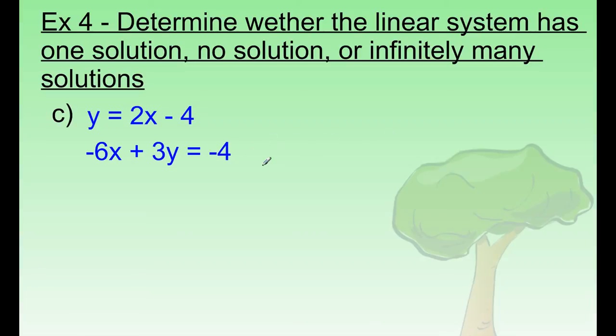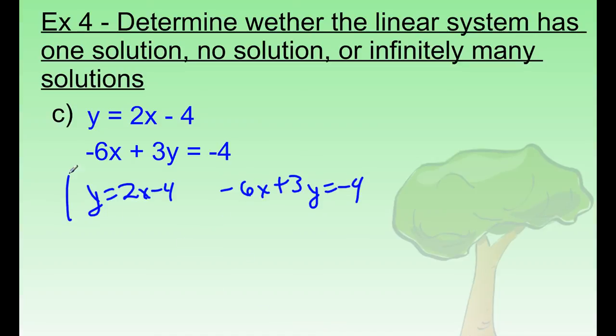Okay. So let's separate it into our two separate spaces. y equals 2x minus 4 and -6x plus 3y equals -4. The first equation is already slope-intercept form with 2 as the slope and -4 as the intercept.